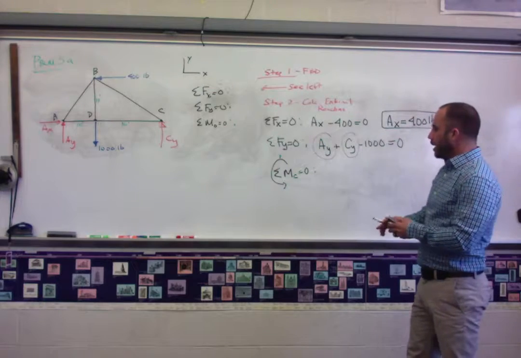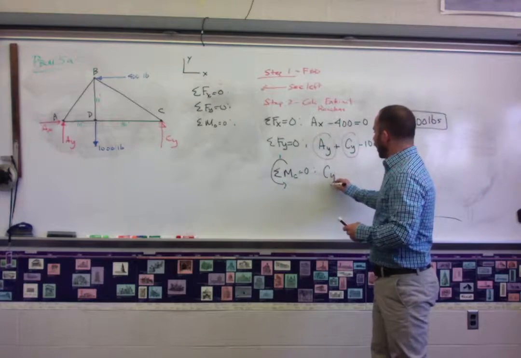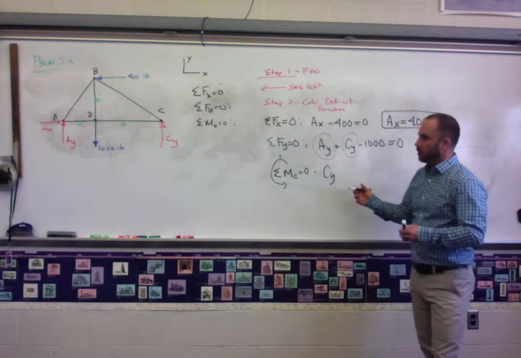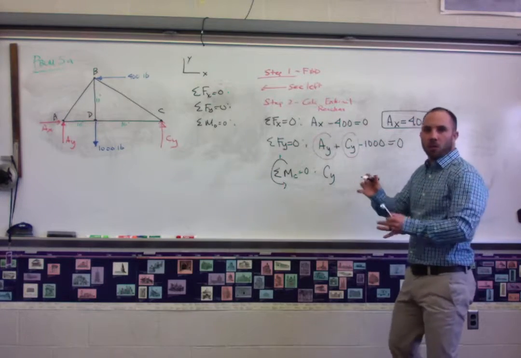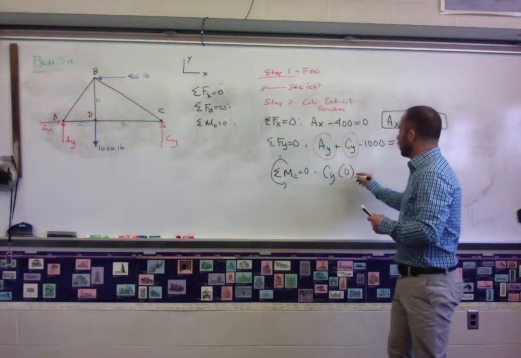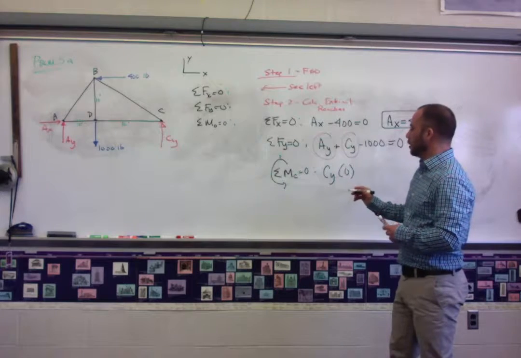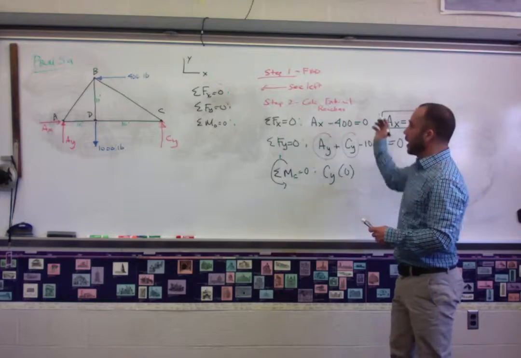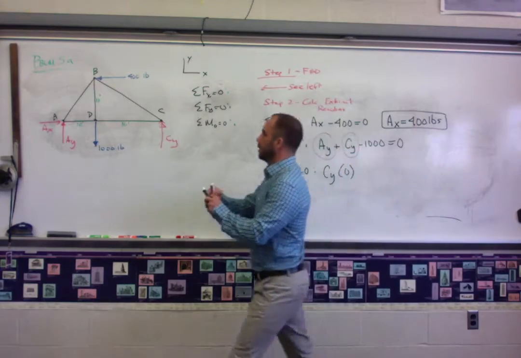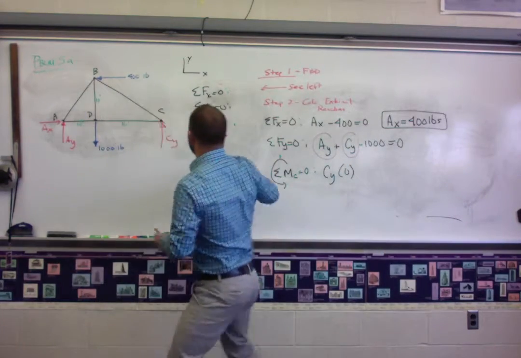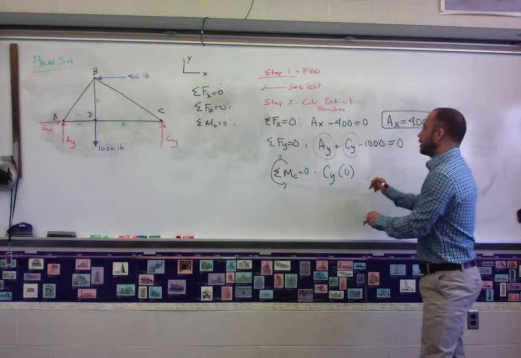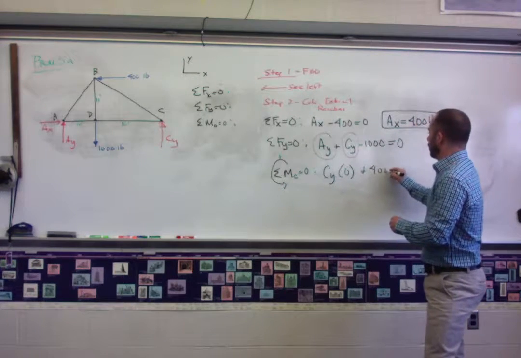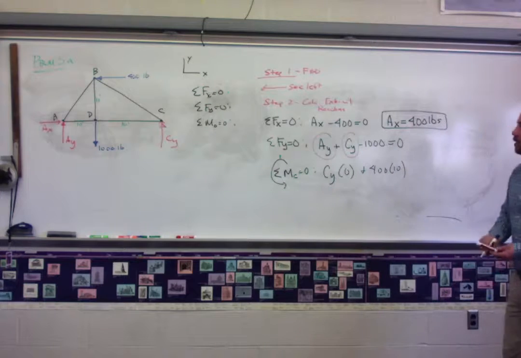Okay? That means CY is, what's the distance for CY? 0. There's no perpendicular distance, so that's 0. That will eventually go to 0. I'm going to use the 400, and it's counterclockwise around C. So it's going counterclockwise, it's positive, plus 400 times 10.